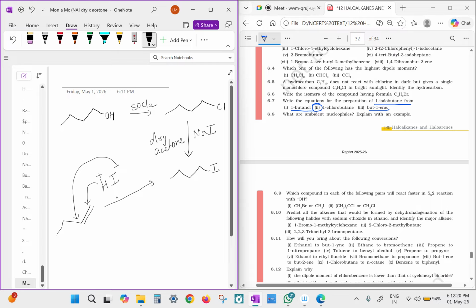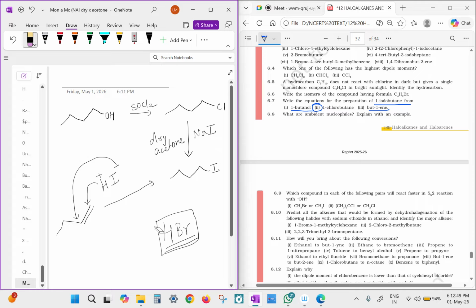Is anti-Markovnikov known with HI, children? Any idea? No, it is not possible. Actually, anti-Markovnikov addition goes via radical mechanism, and due to kinetic factors and thermodynamic factors, the anti-Markovnikov rule works only with HBr, Ishan. Be very clear. Not even with HCl.